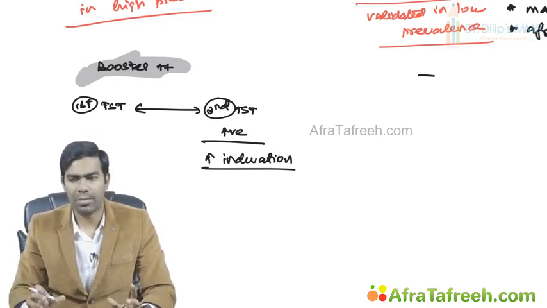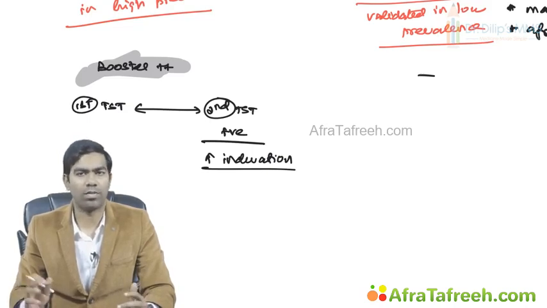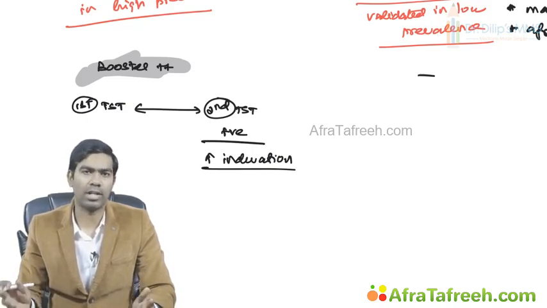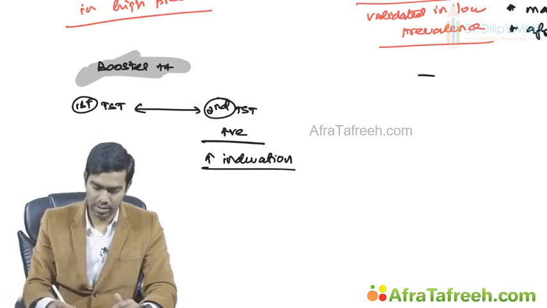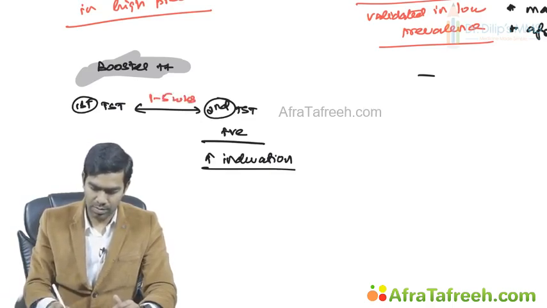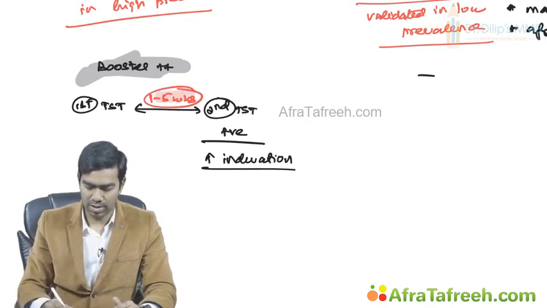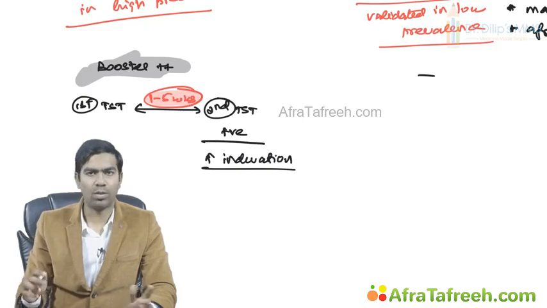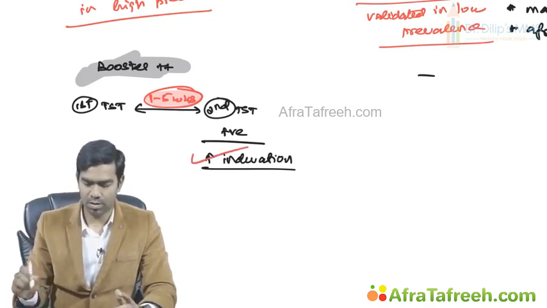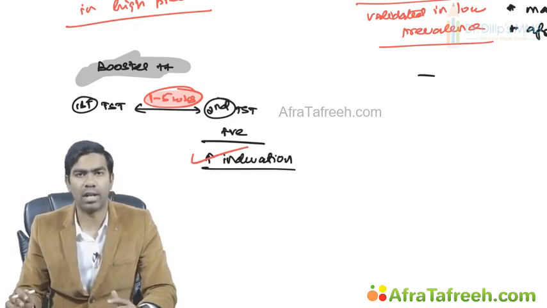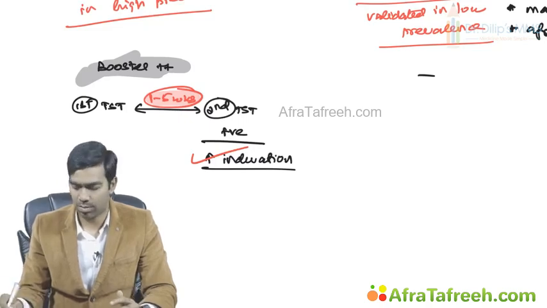So what is the time interval that is notorious for causing this booster phenomenon, where the second test shows increased induration or becomes positive? Typically, if you do the test within the 1 to 5 weeks mark, this is the notorious time interval. If you repeat the TST within this 1 to 5 weeks mark, there is a lot of possibility that you might end up with increased induration and the TST might become falsely positive.